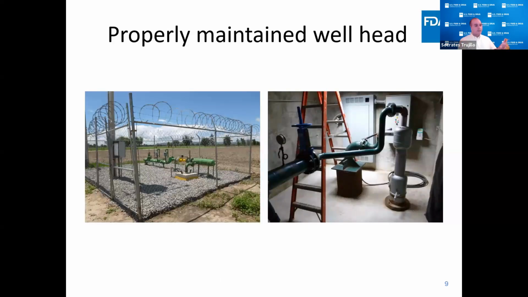So this picture here, it is a well. It is properly surrounded. You don't have to see a well like this to say, oh, this is a good working well. However, it is important to pay attention to how a well is protected from exposure to pathogens, specifically Cyclospora cayetanensis, with only authorized individuals having access to it. It should be properly clean and properly maintained, right?